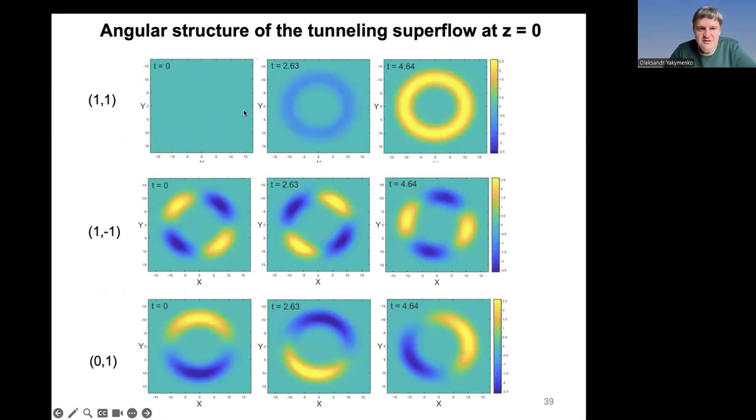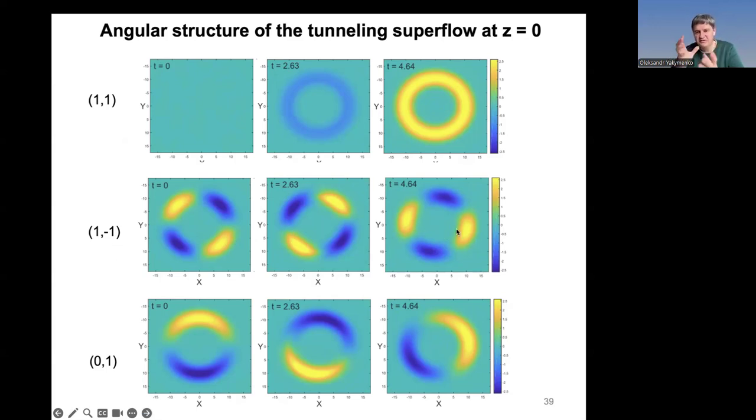You can see that if you have the same angular momentum state, these numbers are the topological charge of the upper and lower rings respectively, then you can see this oscillation. The color corresponds to the value of the flow through the junction between the rings. And you can see these periodic oscillations here, but if you have different angular momentum states, then the situation is different.